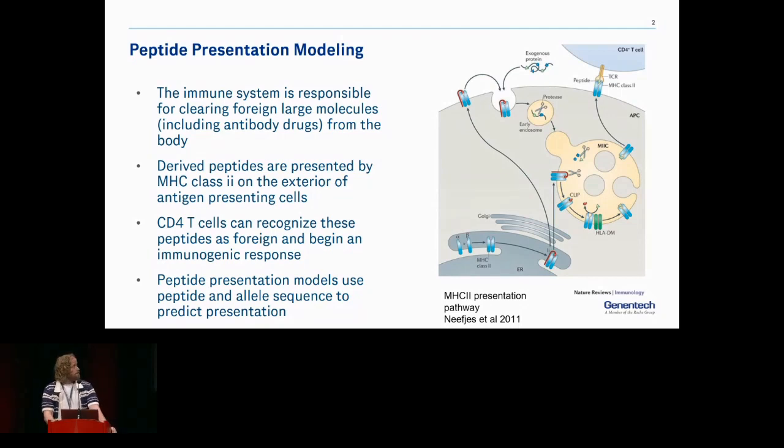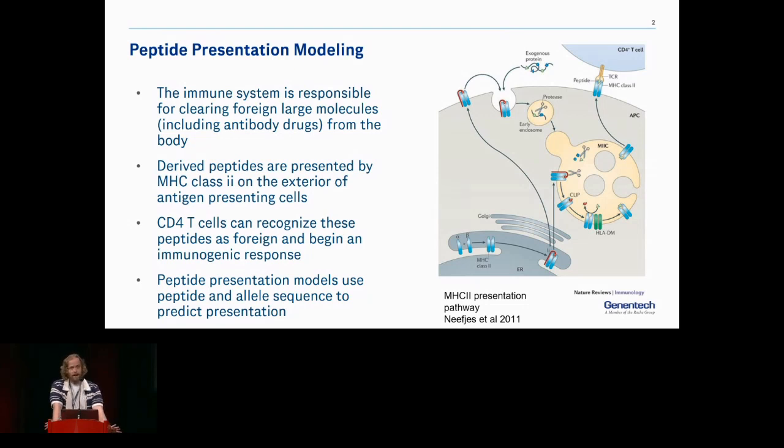And so one of the main pathways that the immune system uses to identify these foreign proteins is through peptide presentation by MHC class 2. An antigen presenting cell will come over, it'll eat up protein. That protein will get cleaved into peptides. Some of those peptides will be bound to MHC class 2, where some will make their way up to the cell surface and be presented.